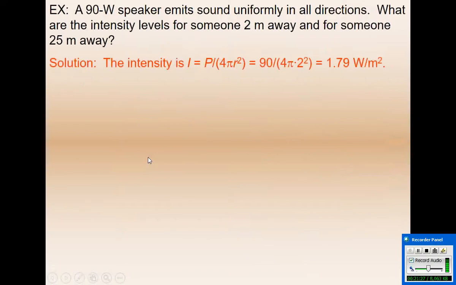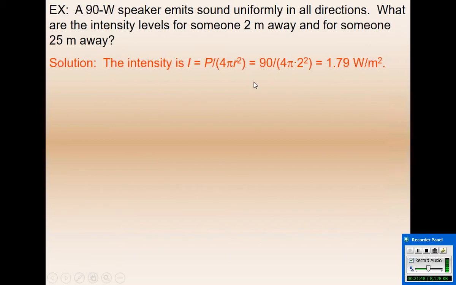Let's do some calculations. Suppose we have a 90-watt speaker. It emits sound isotropically. What if someone is 2 meters away? What intensity level do they detect? How many decibels? Compare 2 meters away with 25 meters away. What's the intensity level when you're 25 meters away?